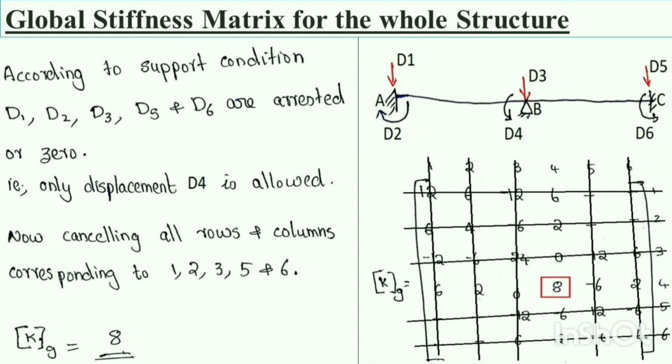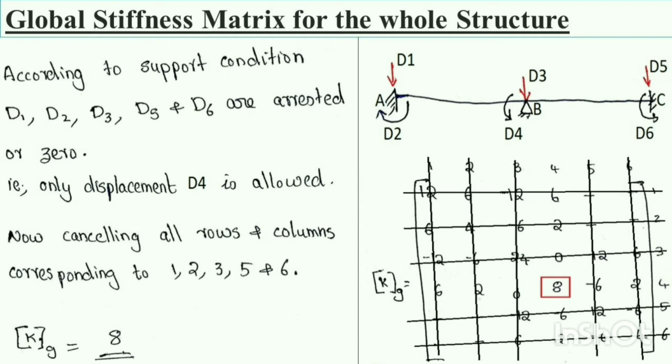And at B, which is a hinge support, only moments are allowed. So at B, D3 is 0 and only D4 is allowed. And at C, again it is a fixed support, so no displacements. Therefore, D5 and D6 are 0. That is, in this whole structure, only displacement D4 is allowed.